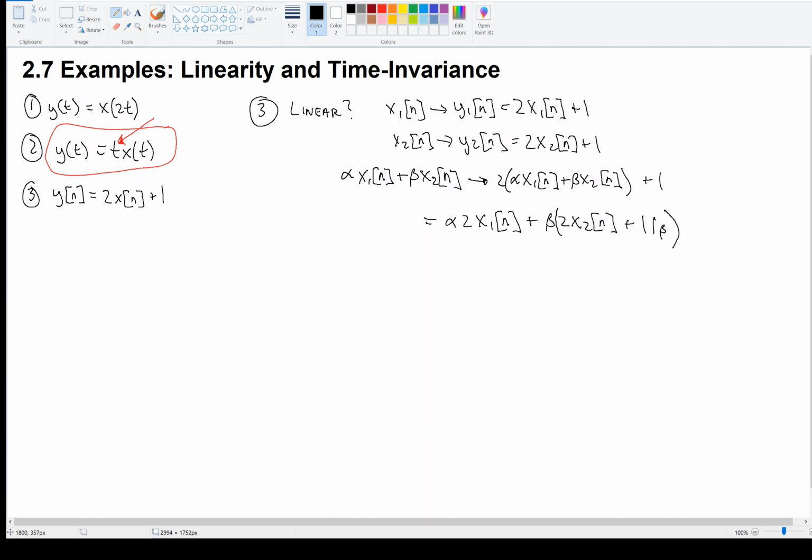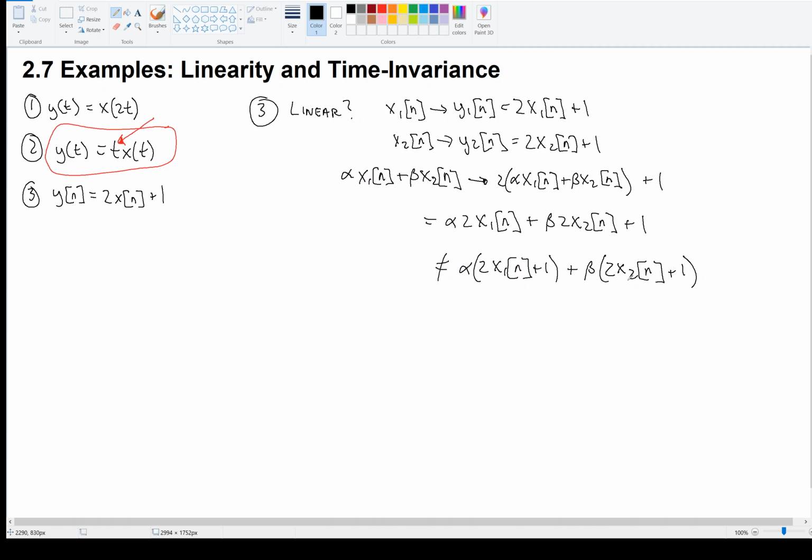In other words, if I back up, notice this does not equal alpha times 2x1 of n plus 1, right? That's y1, plus beta times 2x2 plus 1.